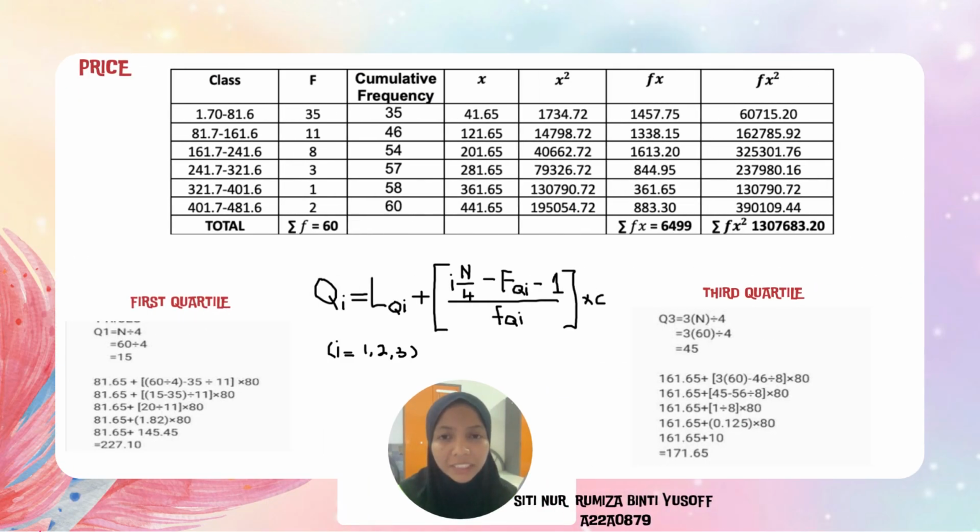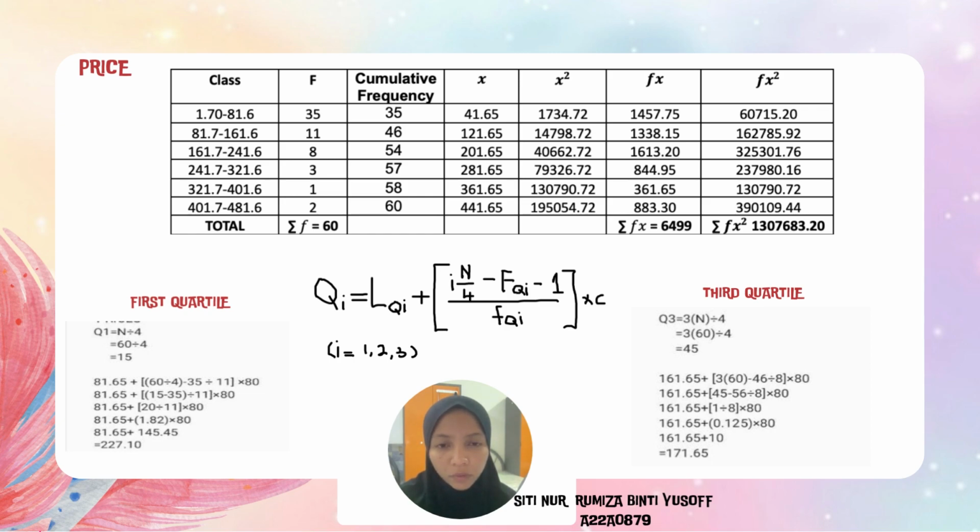This graph is about price data. So we have to find the first quartile and third quartile. For the first quartile, we have to find N first. So we get 60 divided by 4, 15.